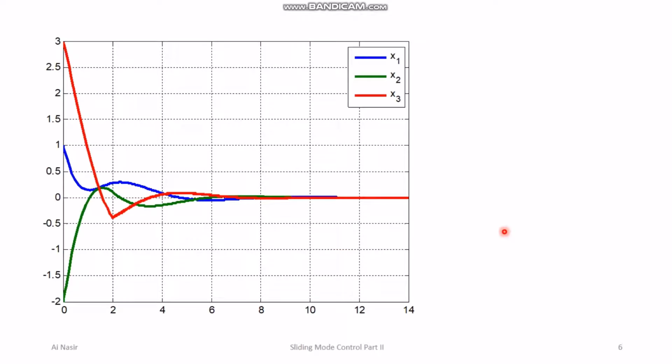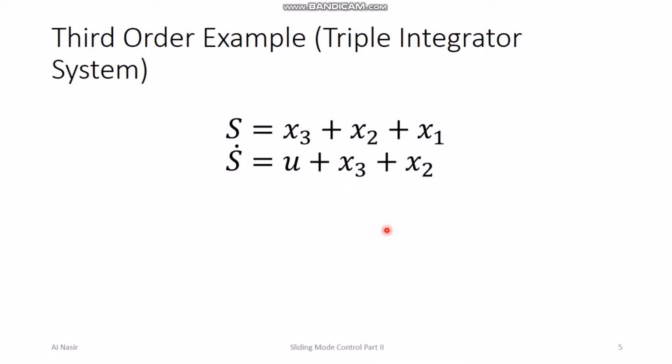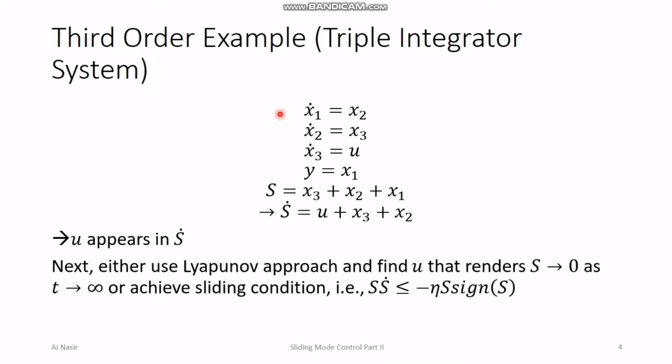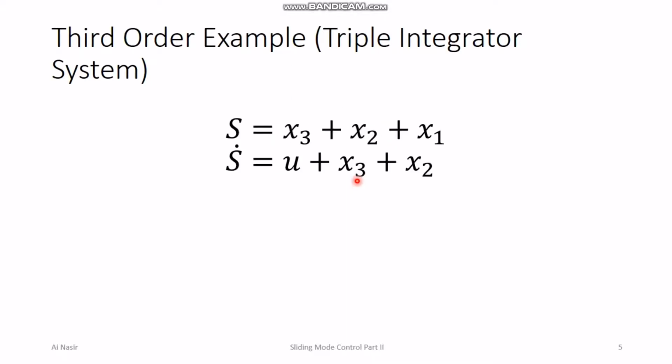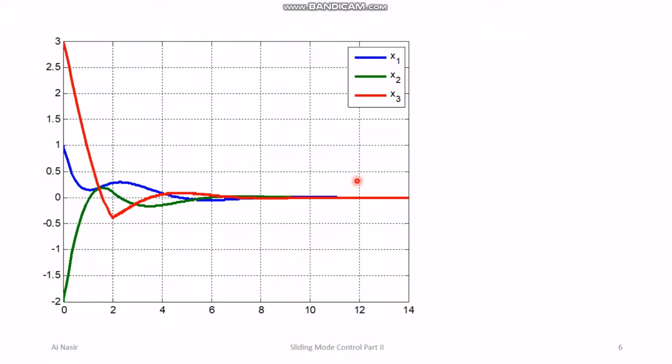When you simulate this whole system with u as we developed with the help of sliding mode, then the trajectories are something like this. So we start with the initial condition of x3 initially 3, x2 initially minus 2, and x1 initially 1.